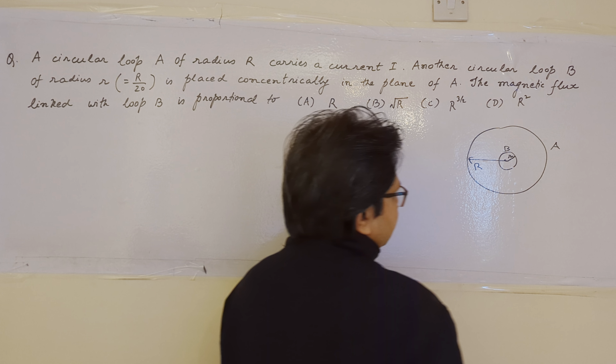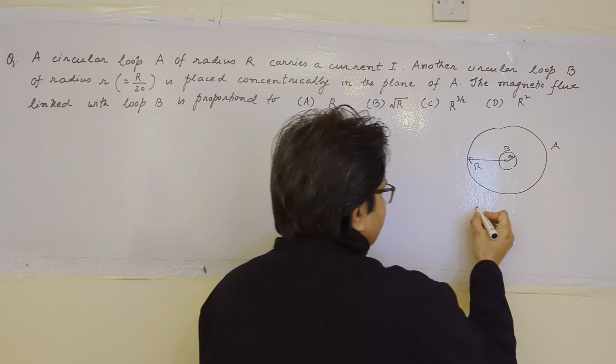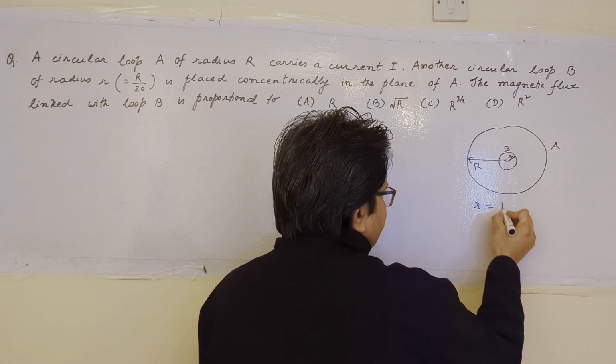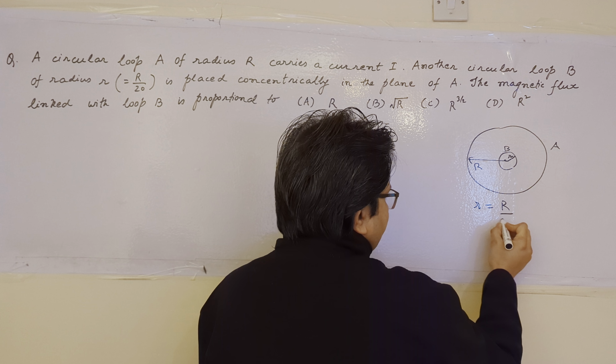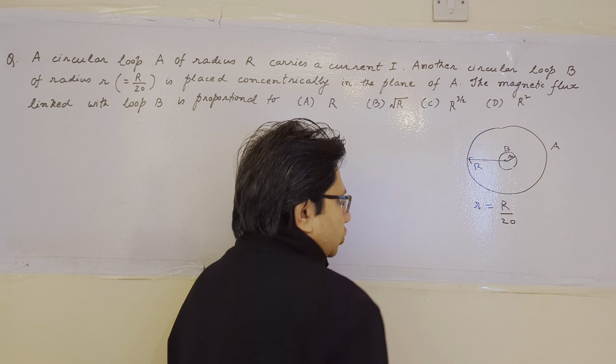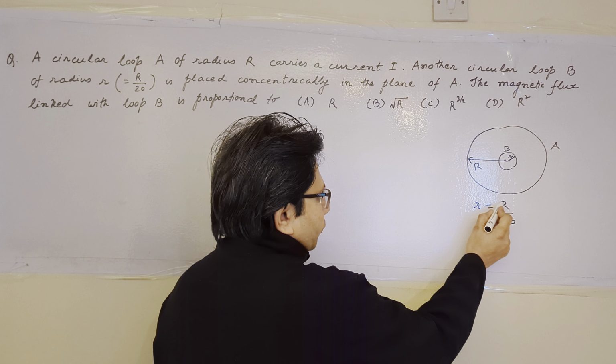The relationship between small r and capital R is small r equals capital R upon 20.